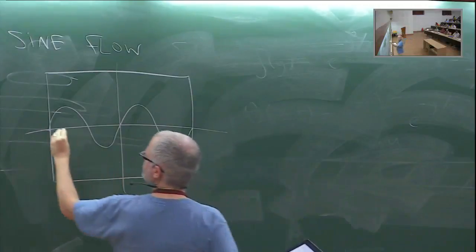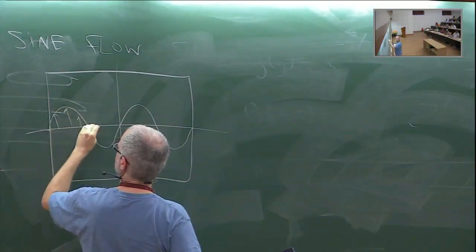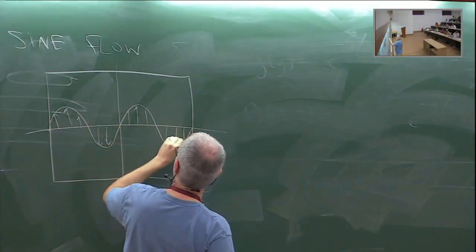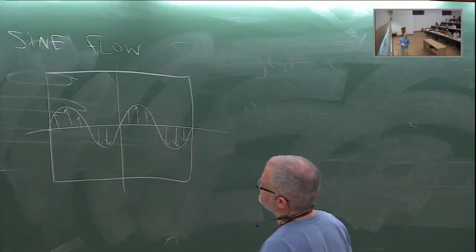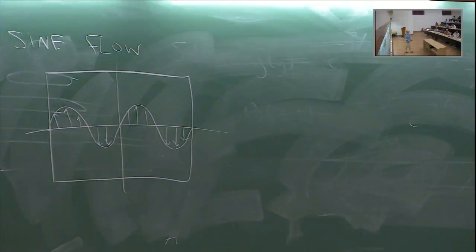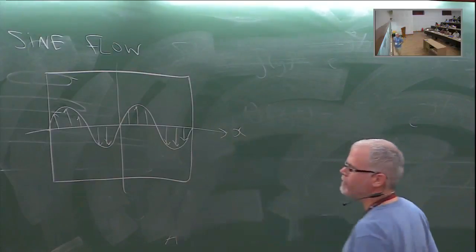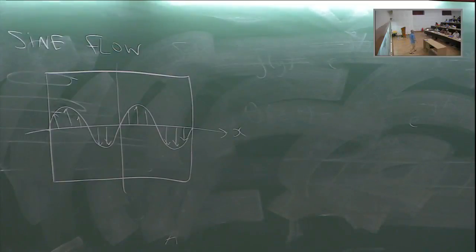So here the flow is in this direction. I'm just showing you a sketch of how the flow is acting. So this is a box, and I've got some sine function, and the sine function is pushing particles in some direction proportional to, say, the sine of pi x or something like this.